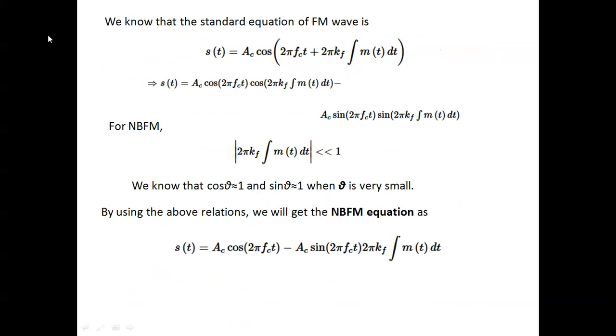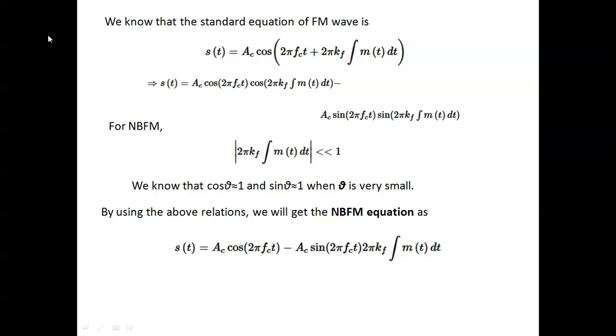So we know the standard equation of an FM wave: s(t) = Ac cos(2 pi fc t + 2 pi kf integral of m(t) dt). This is the equation for narrowband FM.